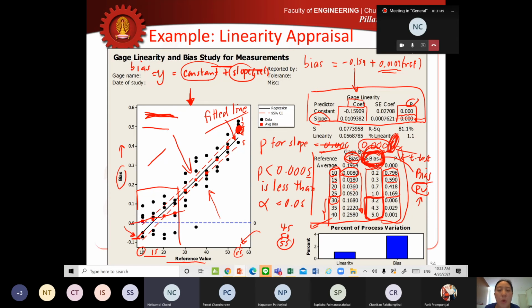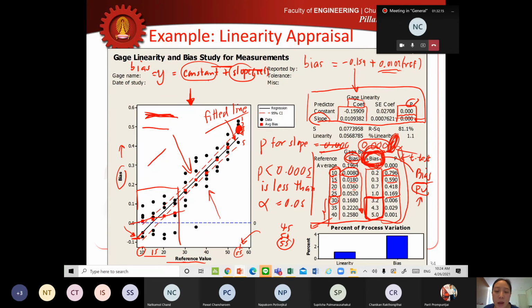Okay, so please be more specific. You should add that the percentage of bias at reference value of 30 is 3.2%. So you have to tell that 3.2% is less than the acceptance criteria of 5%, so you will say that you will accept the amount of bias.